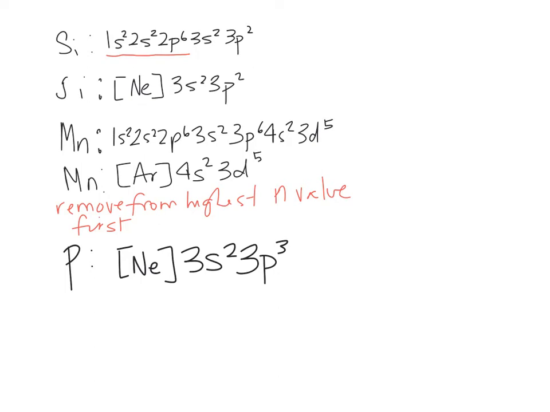What do you think will be the most common ion for phosphorus? You would do P3 minus, and then 3s2 3p6.